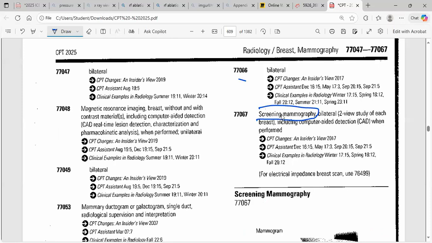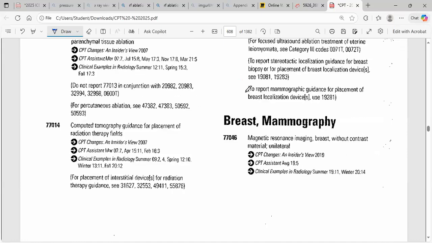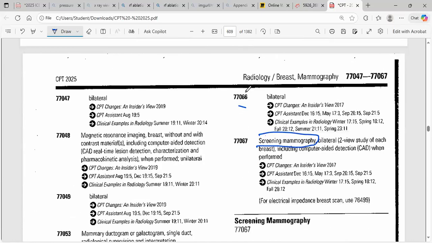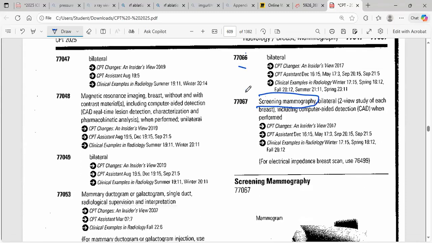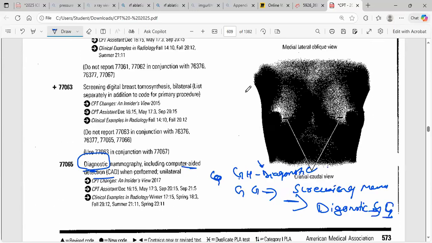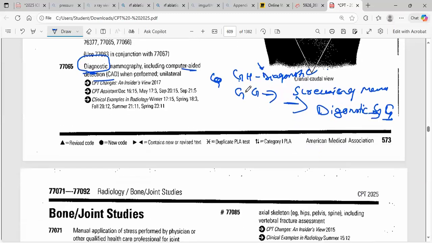If you are billing both screening and the diagnostic, then you have to use the modifier GG with the diagnostic one. And if screening turns out to be diagnostic only and you are going to bill the diagnostic only, then you are going to bill 77065 and 66 with the GH modifier.